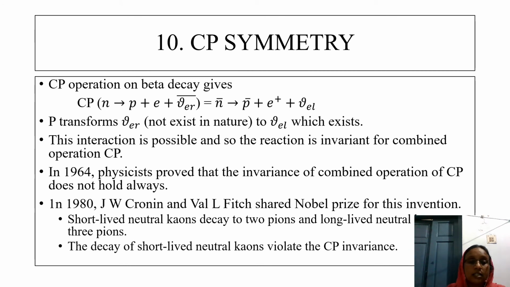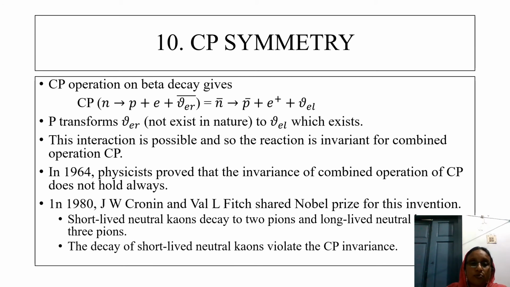Here the P, the parity operator, transforms a right-handed electron neutrino to a left-handed electron neutrino. This exists in nature. So this interaction is possible, and so this reaction is invariant under the combined operation of C and P.